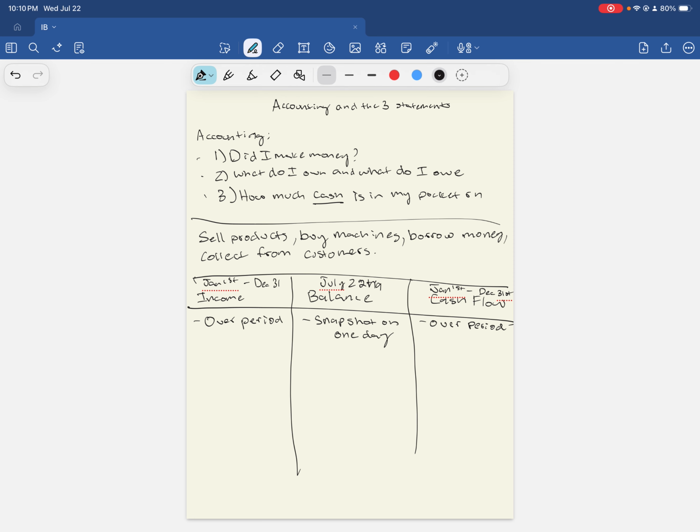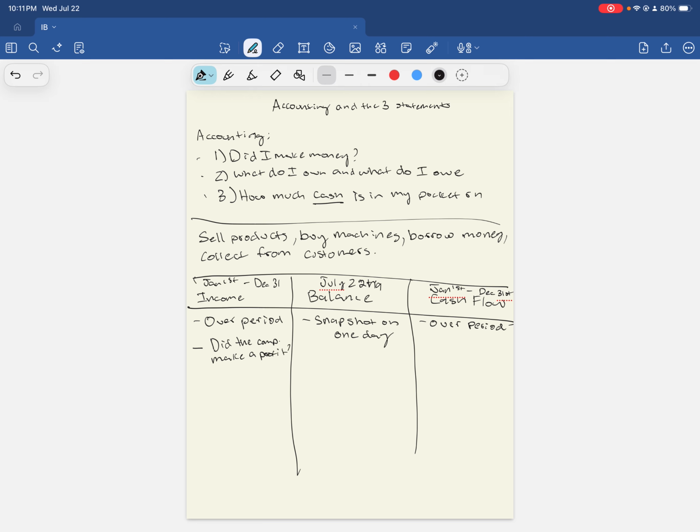But here it is. So you may be wondering, what does the income statement talk about? What does the balance sheet talk about? What does the cash flow statement talk about? Let's talk about this. Your income statement right here is going to be answering the question: did the company make a profit?